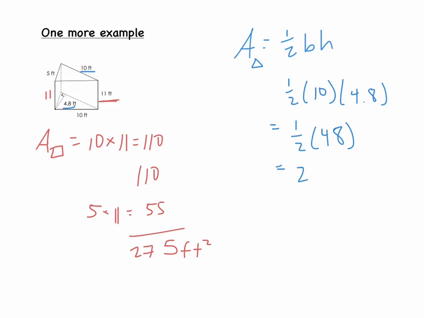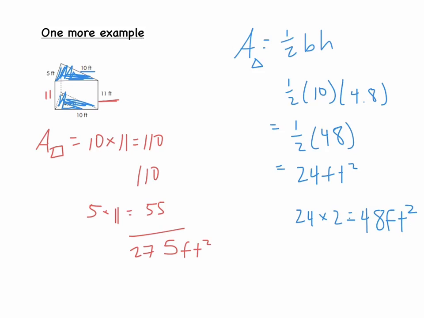So that would be 24 feet squared. But remember, that is just for one of the triangles. We have to multiply that by 2. So 24 times 2 to get 48 feet squared. That includes this bottom triangle as well.